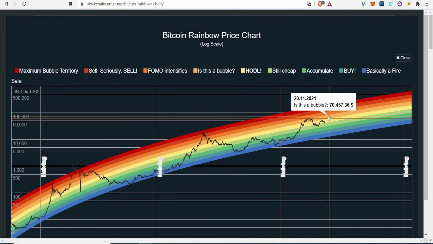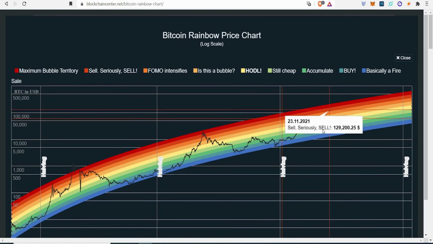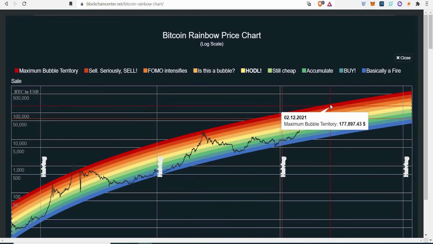So whether it's this October, 66k, or November, 70k, we're going to print a new all-time high when we get back in this light orange phase, because we're still in the yellow. If it goes to the red, and it does it fast, maybe December, we could see prices of 177,000 for one Bitcoin. What's that going to do to the rest of the market?